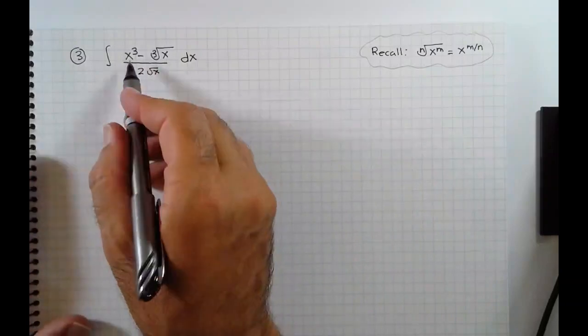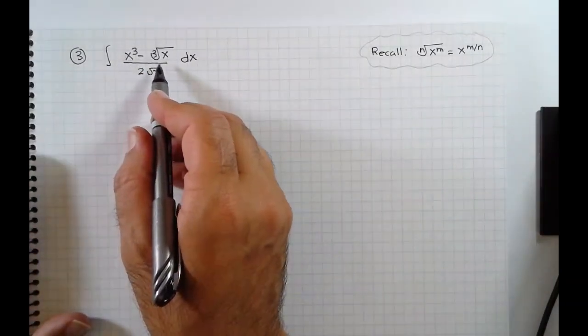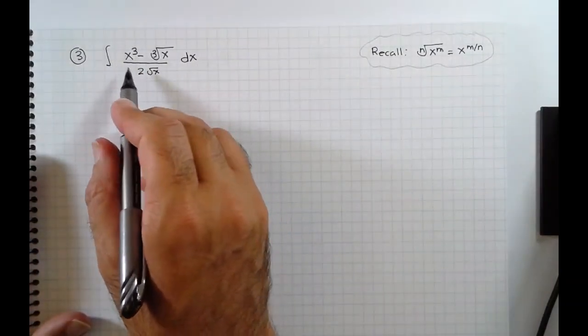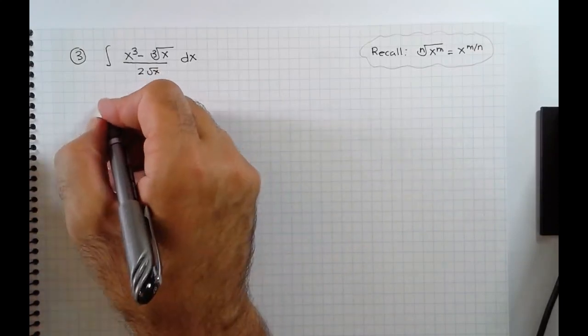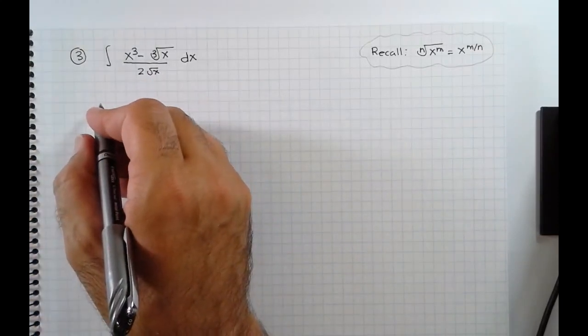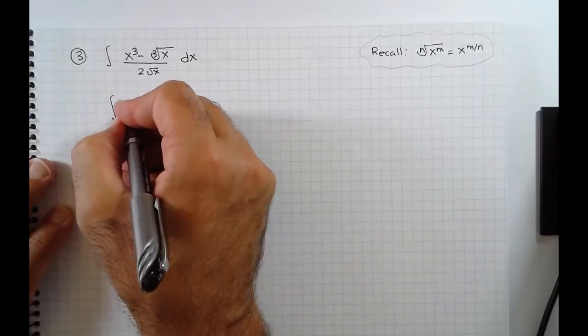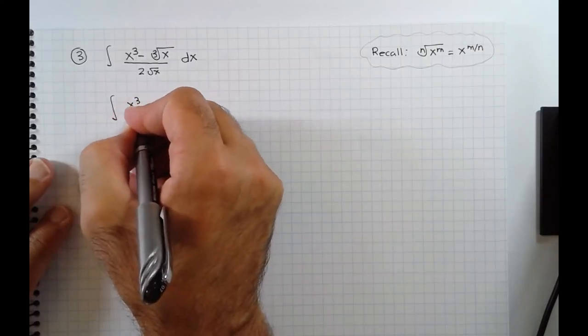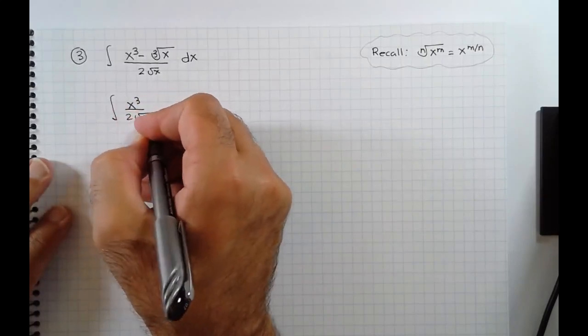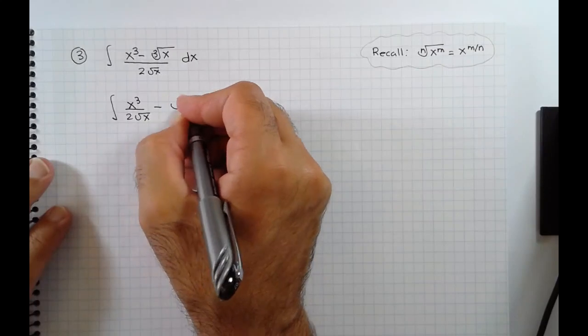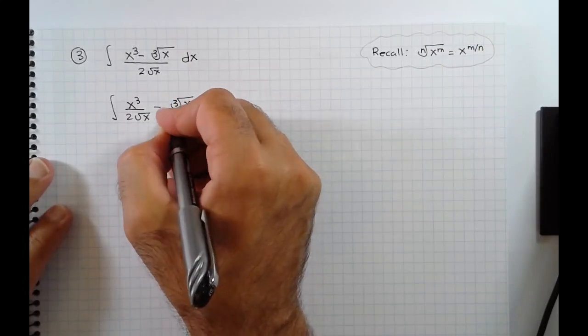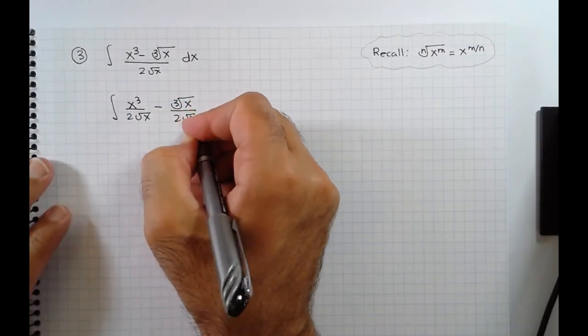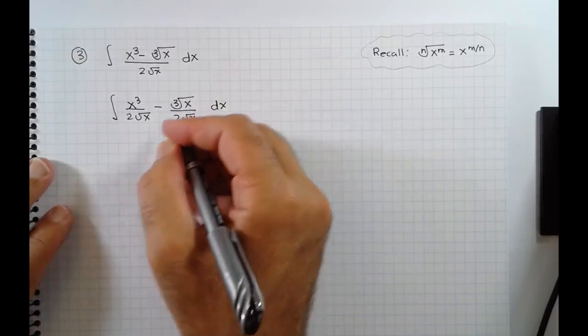Number 3, we have (x cubed minus third root of x) divided by 2 root x, integrated with respect to x. Let's simplify that first. So to simplify that, we divide through, that's x cubed over 2 root x minus third root of x over 2 root x dx.